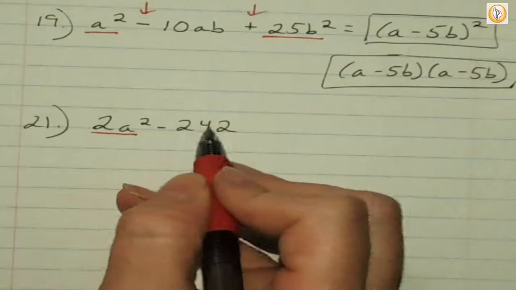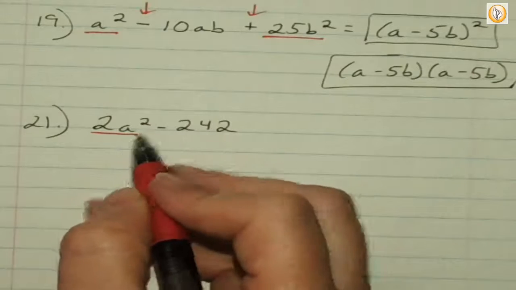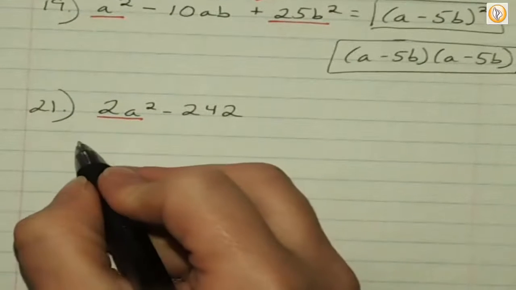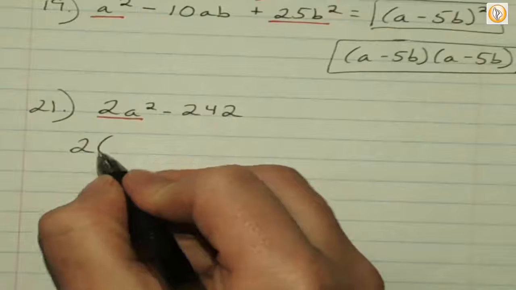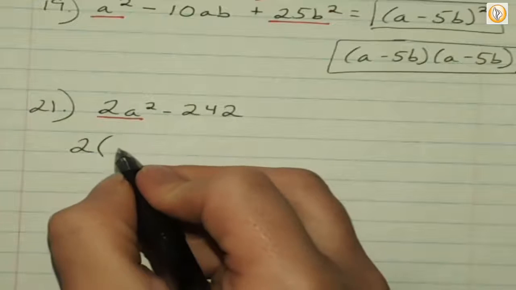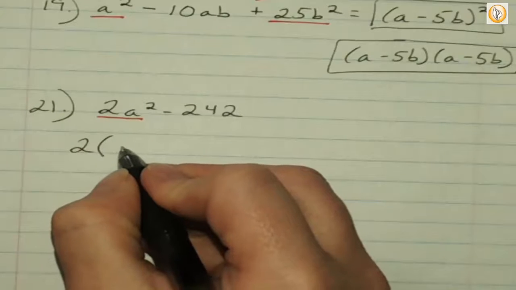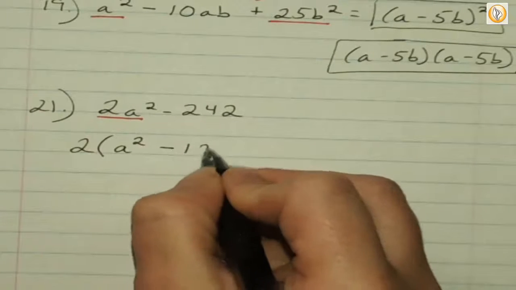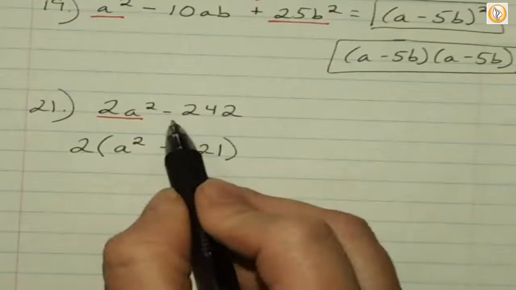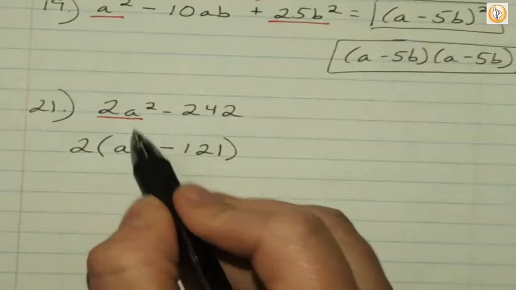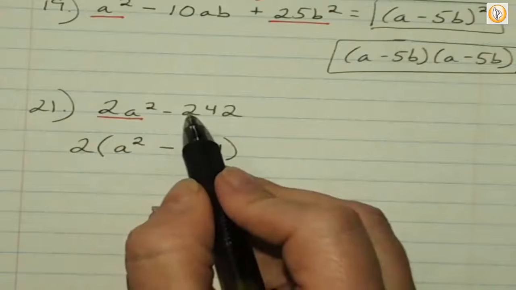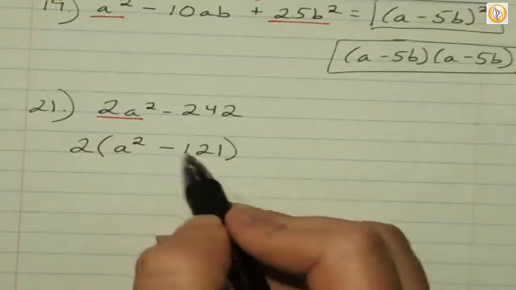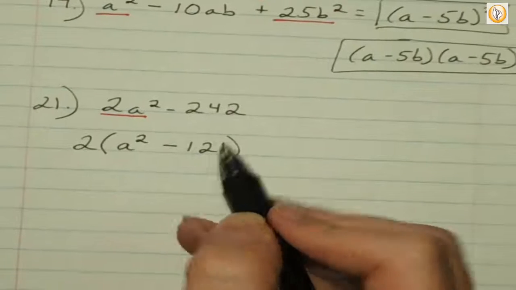Do they have something in common that you can take out? You can take 2 out. So I'm left with what? 2 outside of a squared minus 121. Very good. Because he took 2 out of 2a squared, and 242 divided by 2 is 121.